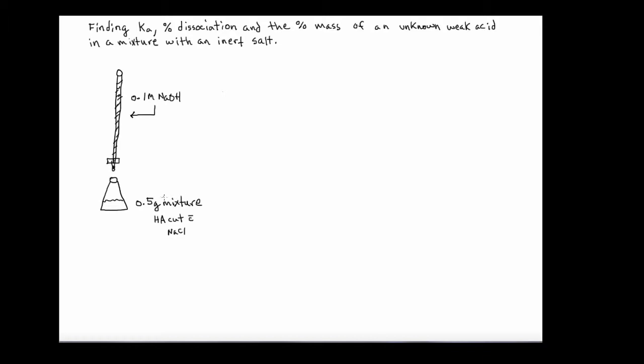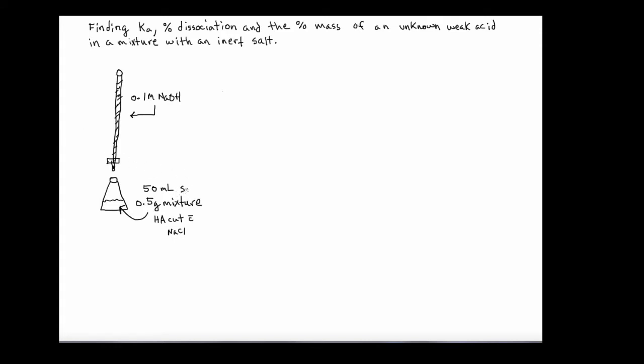This half a gram will have been massed out and then dissolved in a specific volume, and the volume is pretty crucial here. In my case, I'm going to assume that we have dissolved the mixture in enough distilled water to make 50 mL of solution.